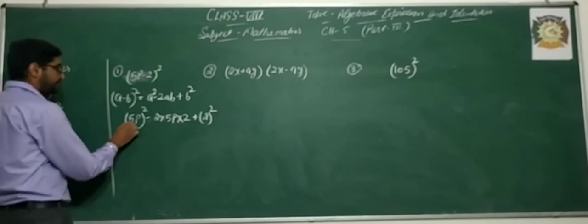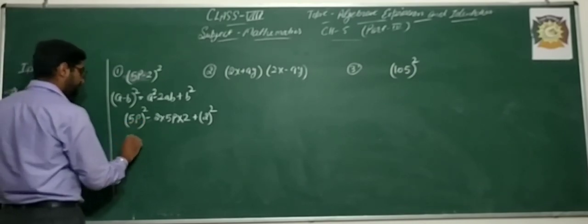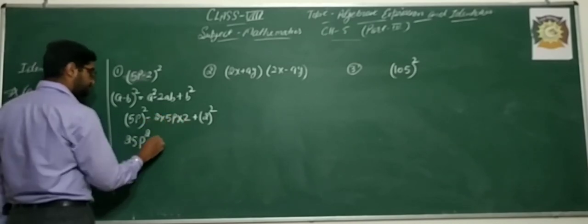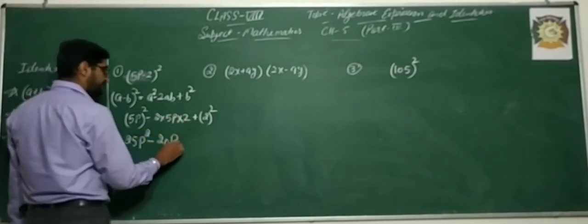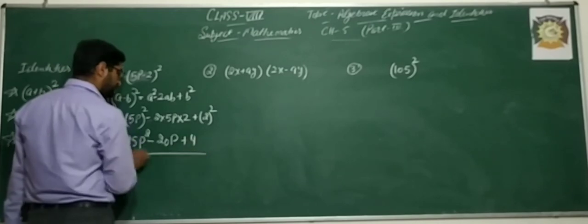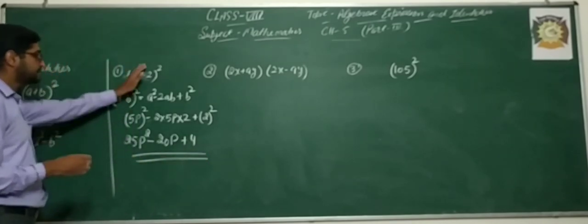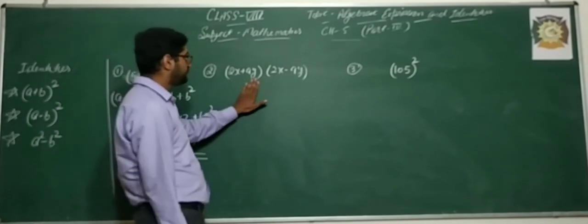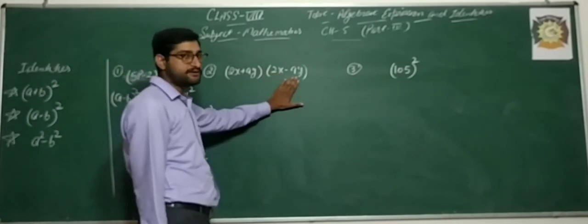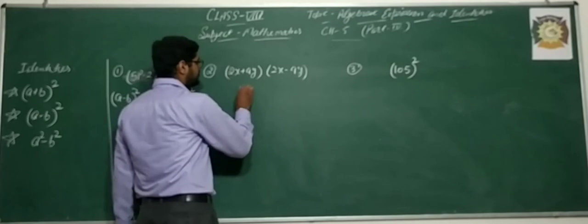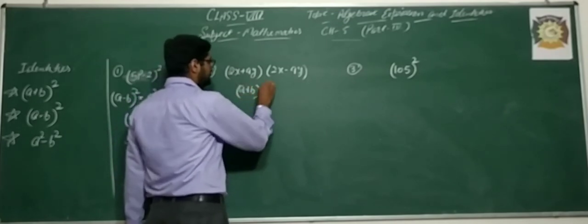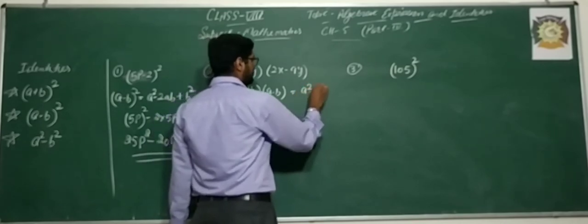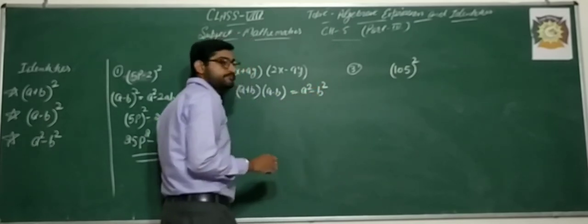Okay, now when we solve it, this will be 25p square minus 5 into 2, 10, 10 into 2, 20p and plus 4. So this is the answer of this question. Now the next question is 2x plus 9y into 2x minus 9y, and this question is related to the identity a plus b into a minus b, that is equal to a square minus b square.